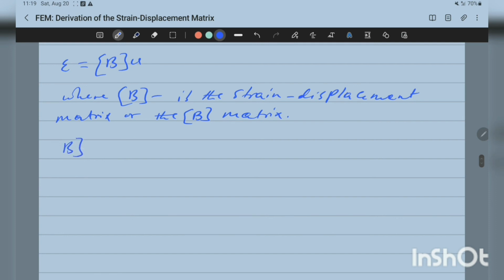And the B matrix is negative 1 over L, 1 over L.